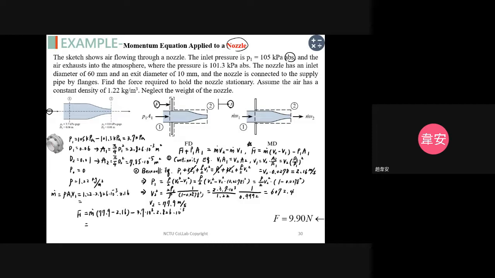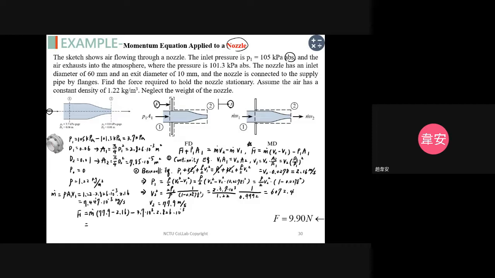So we can calculate the mass flow with 1.22 multiplied by 2.826 and then multiply by 2.16 and divided by 1000. So here the mass flow rate is 7.447 times 10 to the minus 3 power. So it's kilograms per second.